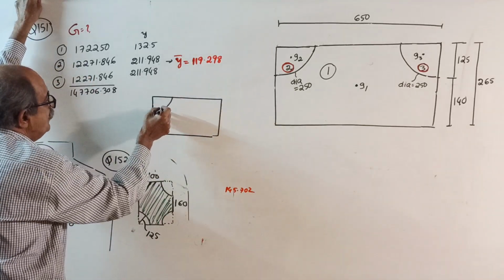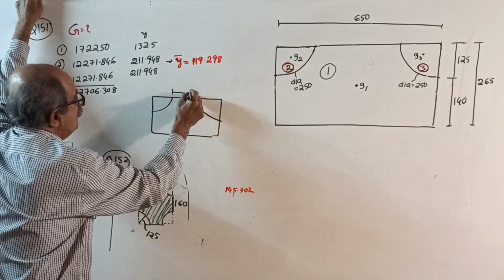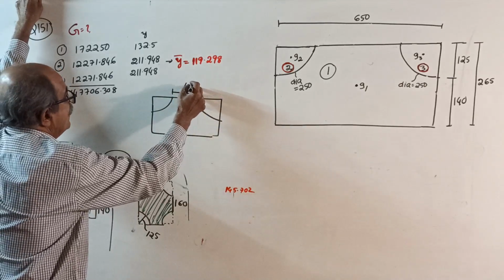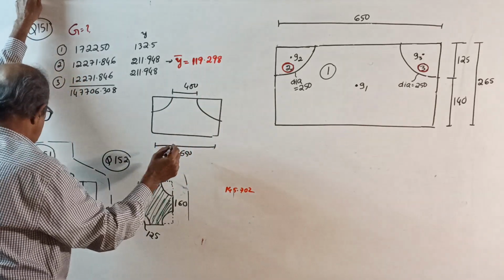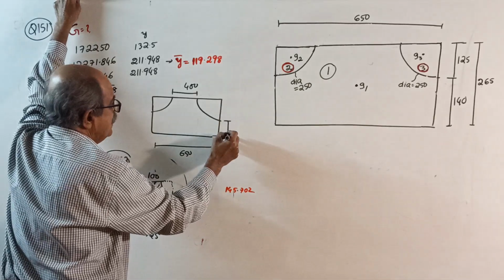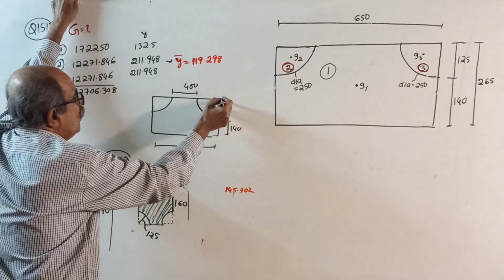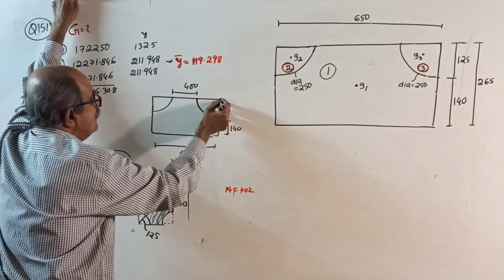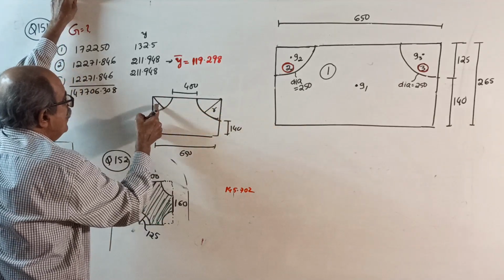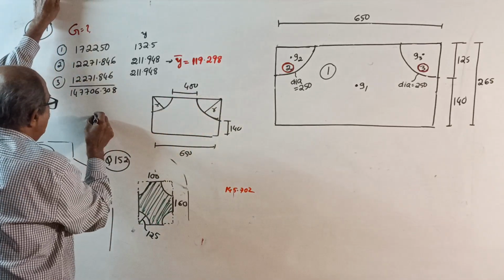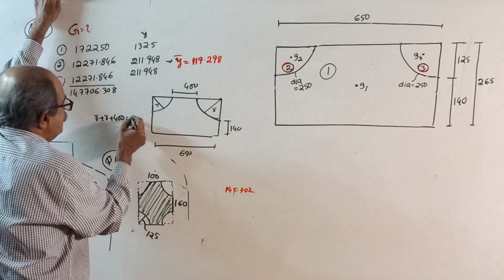This way and this way. They told this is 400, out of scale. This is 650. And they told this is 140. Now, this is a quadrant of a circle of radius r. So r plus 400 equals 650.